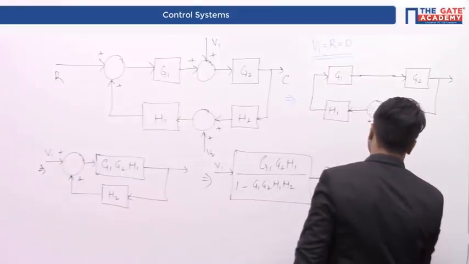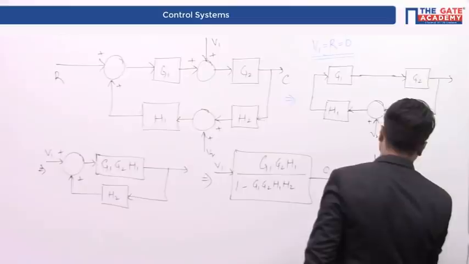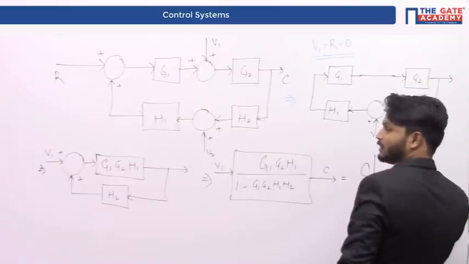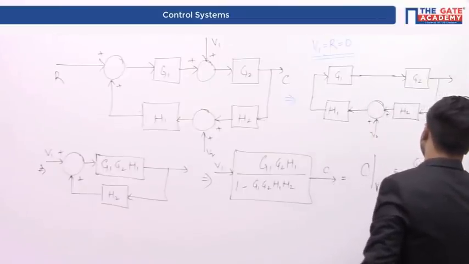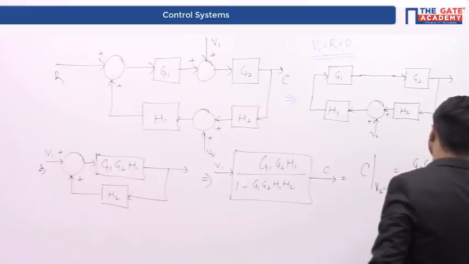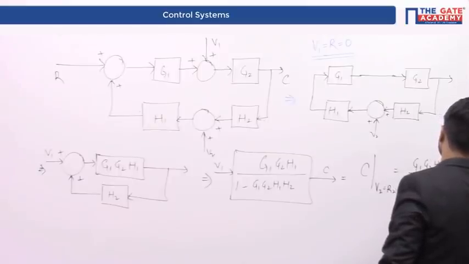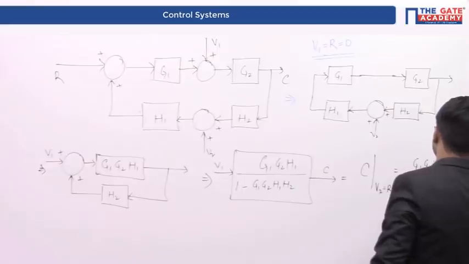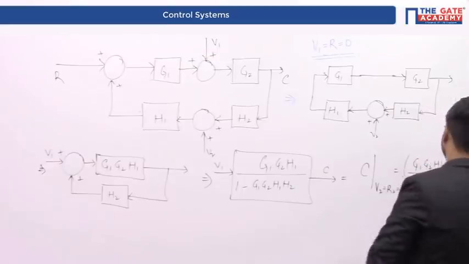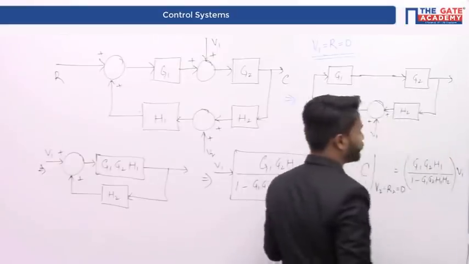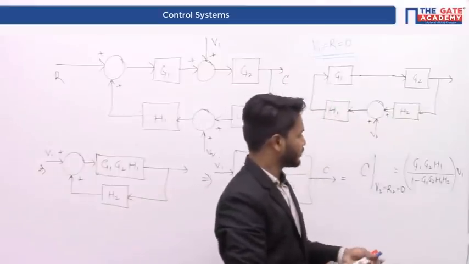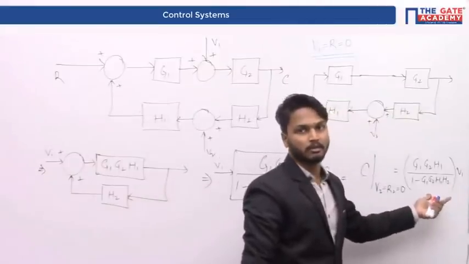C when V2 is equal to R is equal to 0 is equal to G1, G2, H1 divided by 1 minus G1, G2, H1, H2 multiplied by V1, because V1 was the input and this is the particular transfer function when V1 is the only input.